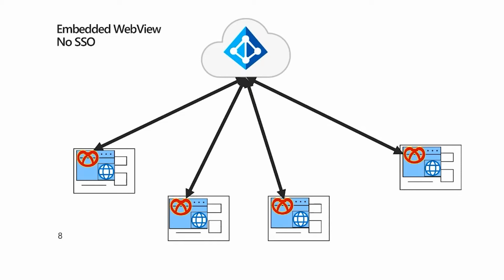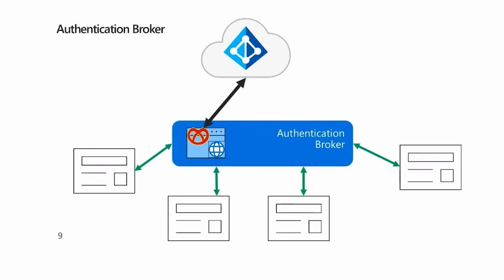So what are our options here? Well, the first option that we approached is this idea of an authentication broker. Now, authentication brokers are effectively another process on the device that other applications can call to handle authentication.